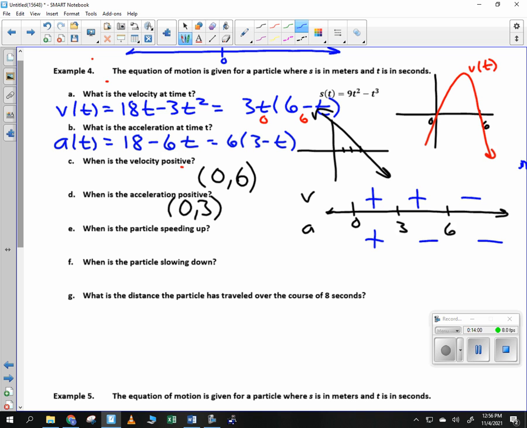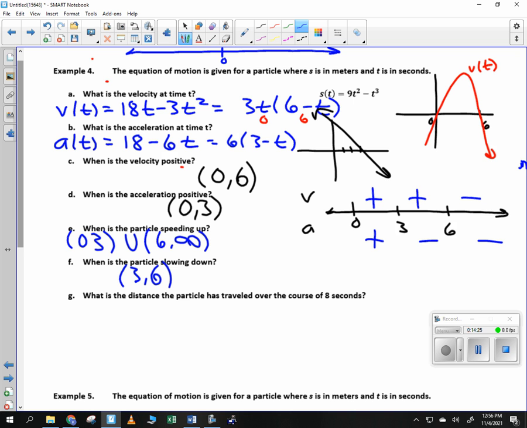When are the signs the same? 0 to 3, union with 6 to infinity. When is the particle slowing down? That's when they're different. When are they different? 3 to 6. Does that make sense?